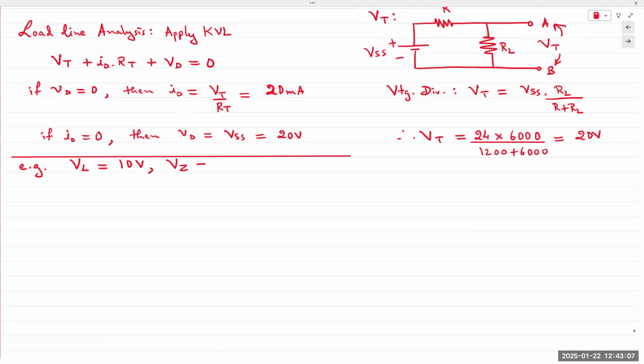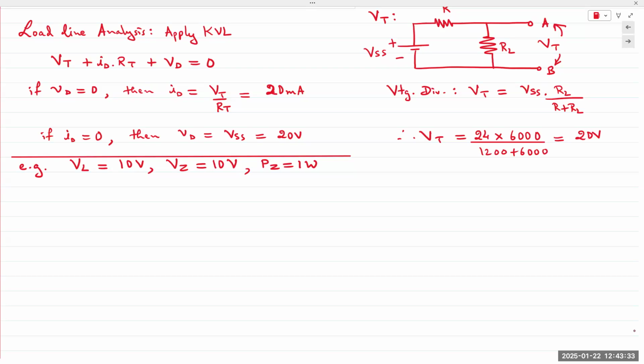Hence, the VZ spec that you would choose will also be 10 volts. And let's say we choose a power rating of 1 watt, which is quite large, just in general terms. For small electronic circuits, you will not go that high.